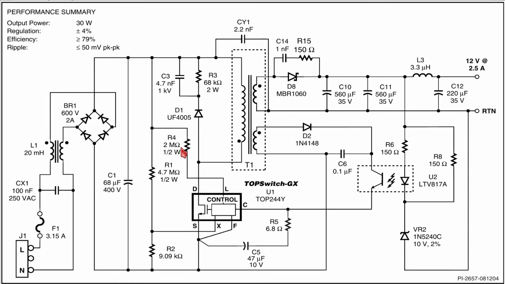Here you can see a typical way how this TOP244YN monolithic power switching regulator would do its thing, and this is really similar to what they are implementing in this APC PDU.